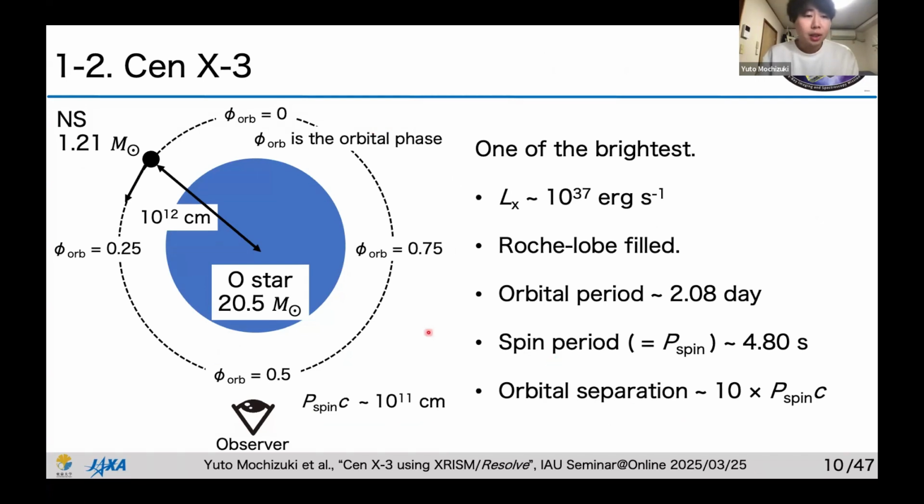The massive star is an O-type star, O6 probably, filling its Roche lobe. The orbital period of this system is about 2 days, and the spin period of the neutron star is about 4.8 seconds, and the orbital separation is about 10 times the light crossing distance during one spin.